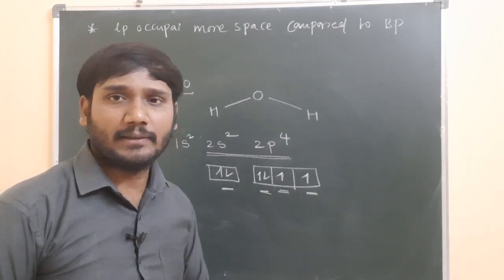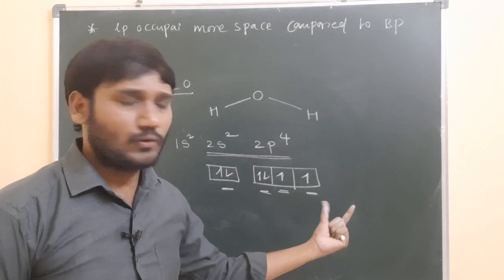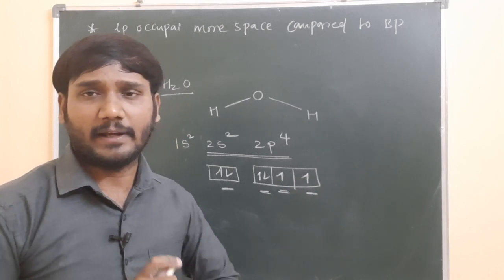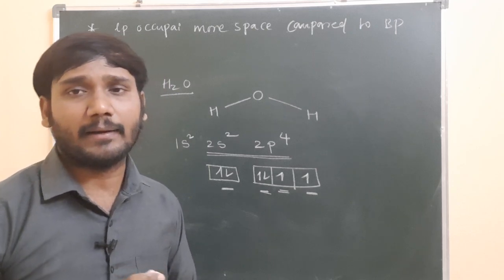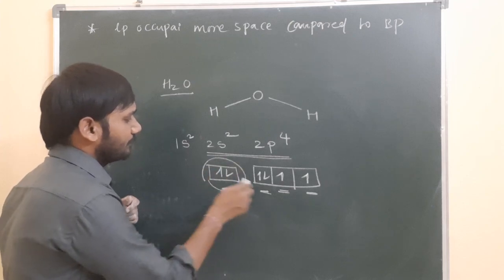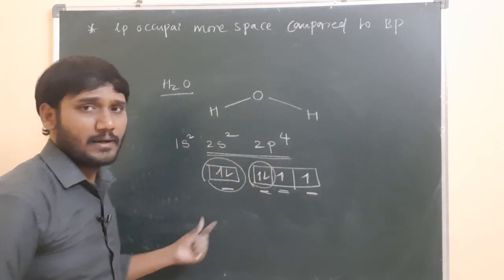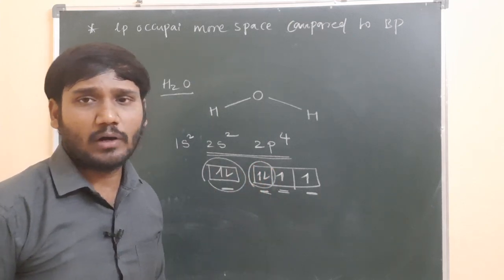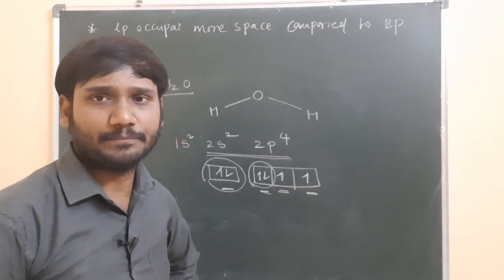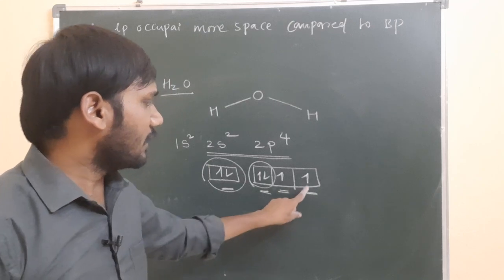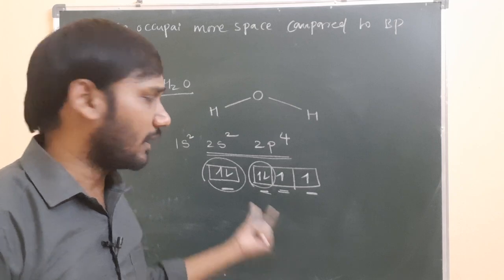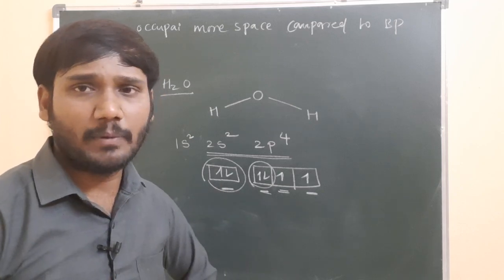According to valence bond theory, only unpaired electrons participate in bond formation, but paired electrons do not participate in bond formation. So these 2 pairs of electrons are not involved in bond formation, but these 2 will be. So 2 electrons are involved in the bond formation. The remaining 2 pairs are not involved.